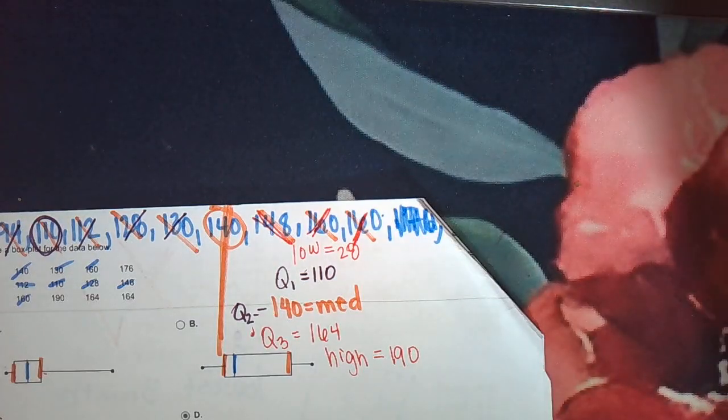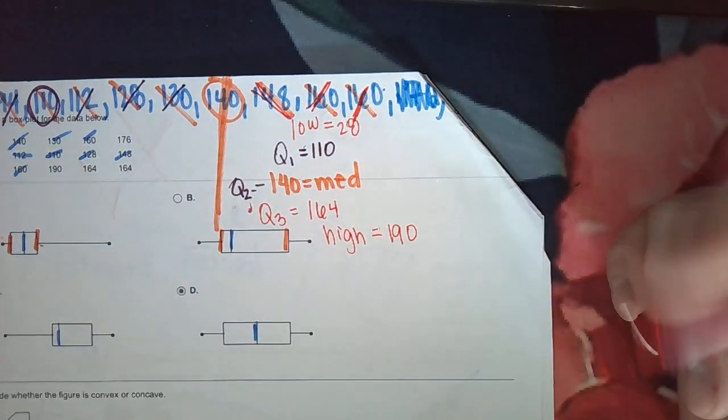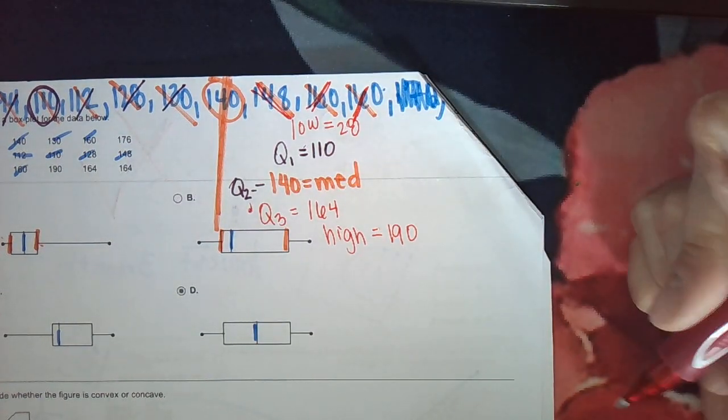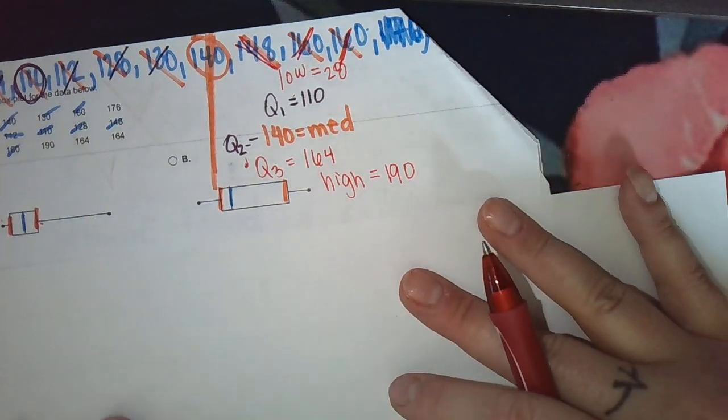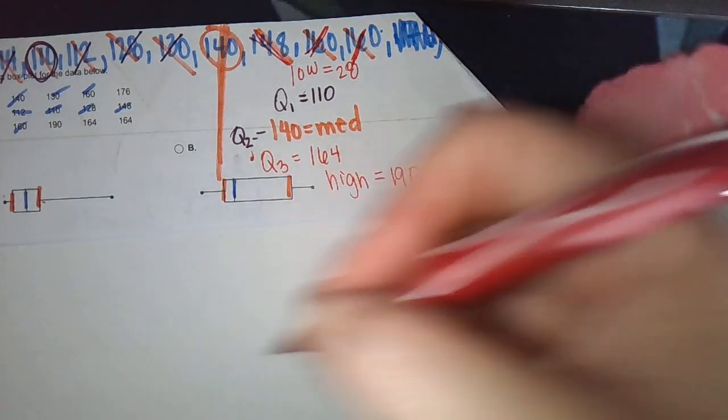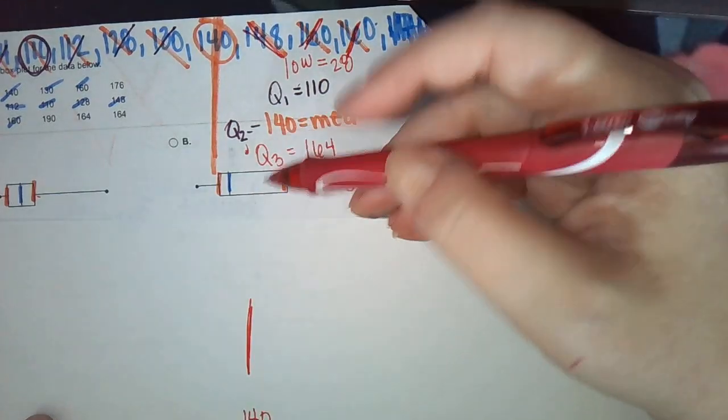Okay, so let's start drawing. First, we're going to draw 140. So 140 is that straight up and down line in the middle of the box. Okay, and we're going to put this on a number line.